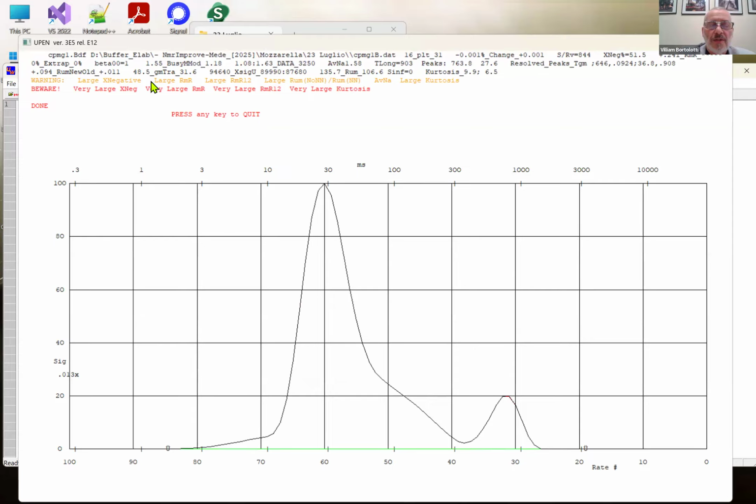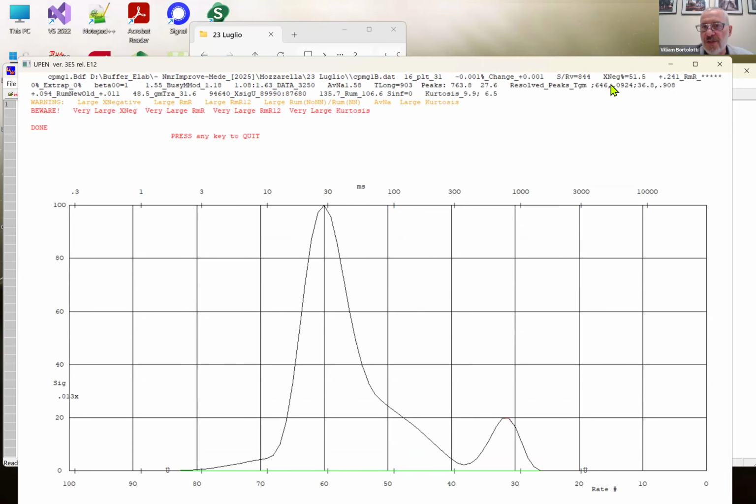But Open also gives you a list of warnings, and warnings mean errors not so dangerous. Beware means dangerous. And there is the list of all these performance parameters computed by Open.